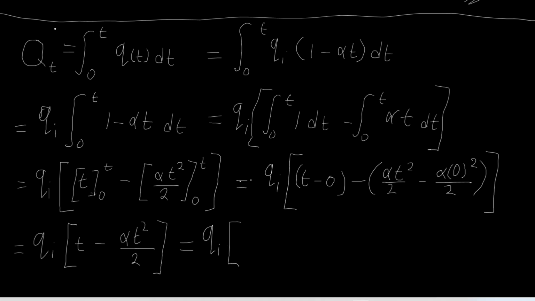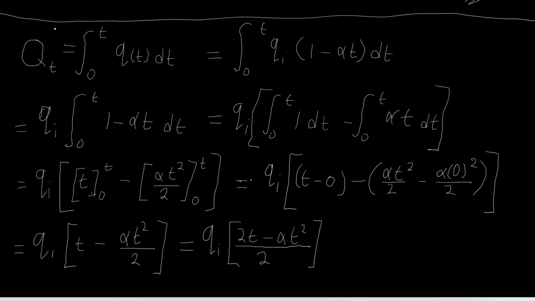Now we're going to be finding the LCM of this value, taking our common LCM to be 2. 2 divided by 1 is 2. 2 times t is 2t minus 2 divided by 2, 1. 1 times the value of the numerator, having alpha t square.